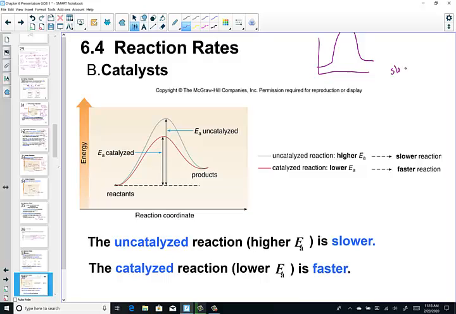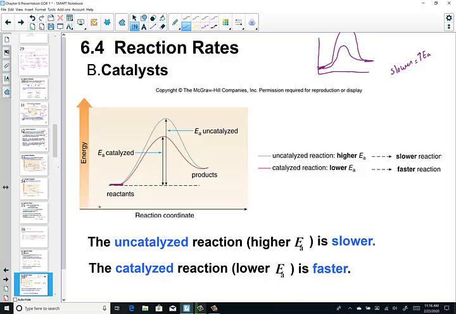We understand that the larger the activation energy, the slower the reaction. In the presence of a catalyst, I start with the same level of reactant energy, but I provide an alternate pathway of lower activation energy, but I still end at the same amount of product.